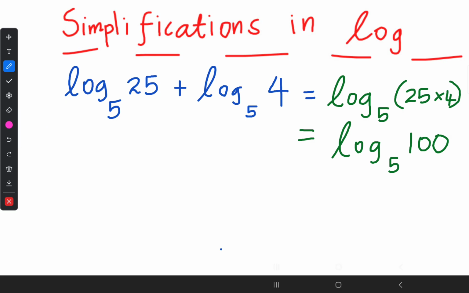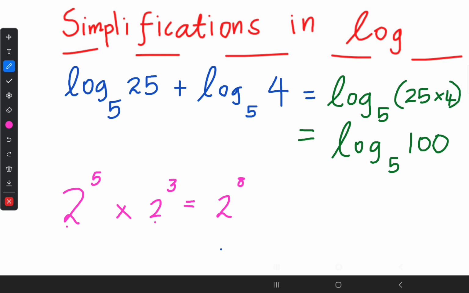Why are we doing it like that? In previous questions, I explained 2 to the power of 5 multiplied with 2 to the power of 3. If the bases are the same, while multiplying you can add your powers. Here we are doing the converse thing.